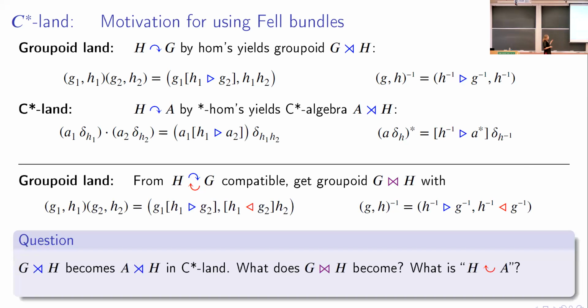And the question then that arises is, if the semi-direct product becomes the cross product, what does the Zappa-Szép product become in C-star land? And maybe especially, what is the backwards action of the C-star algebra back on the groupoid? And if I figure out what that is, what results that we know about the cross product can we generalize about this new Zappa-Szép product? So that was the question we wanted to answer.